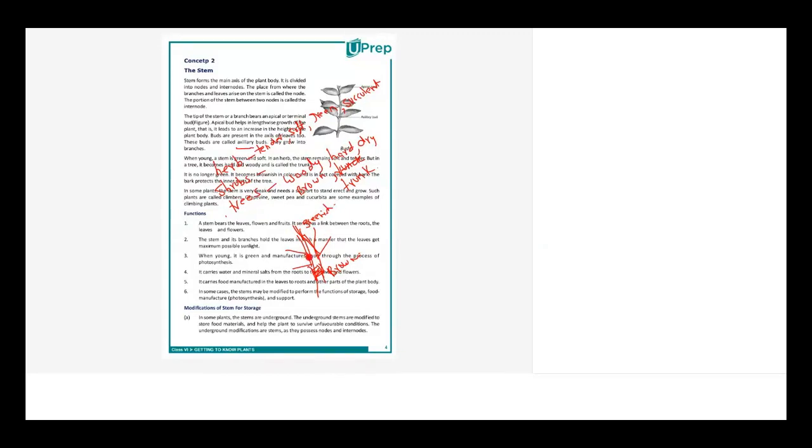Only the outer portion is rough or hard, but the inside portion is very soft and tender. That is the characteristic of the stem in a shrub. So that is how stems look in herbs, shrubs, and trees.